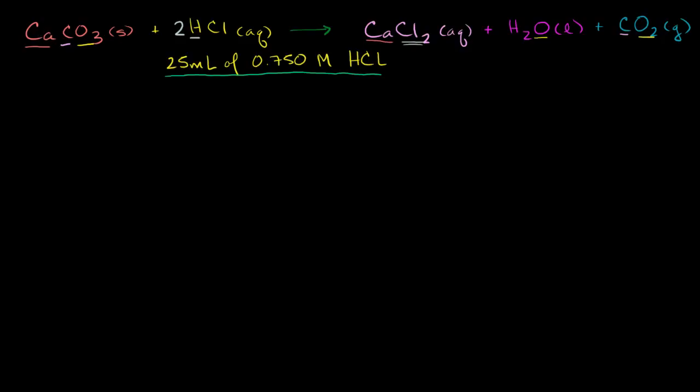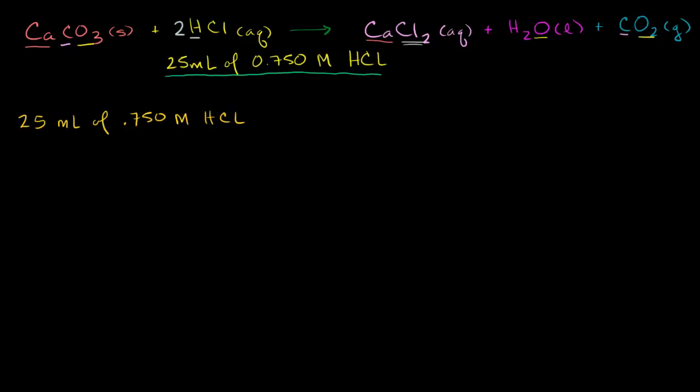So let's do that. So we are starting off with the 25 milliliters of 0.750 molar HCl solution. And let's convert this to moles of hydrochloric acid.